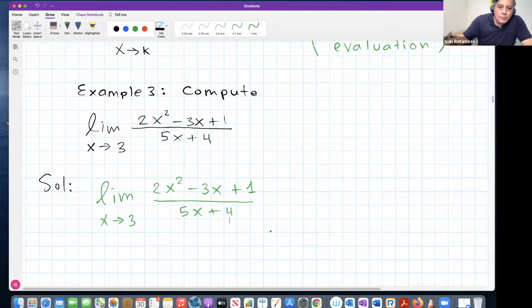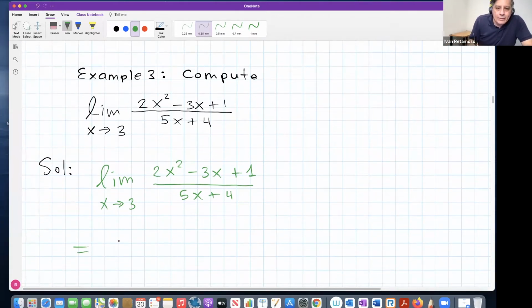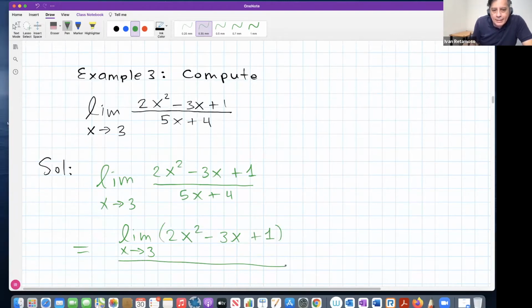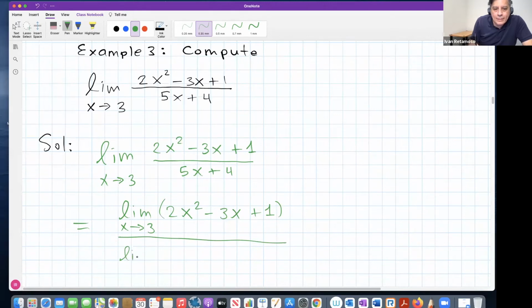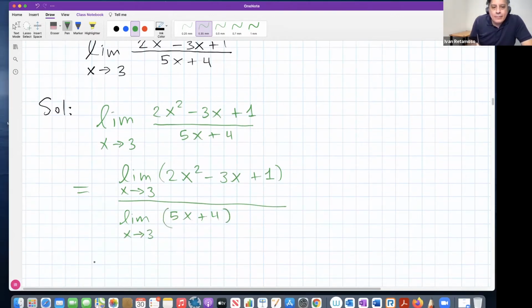Following the quotient rule, this is going to be equal to the limit as x approaches 3 of 2x squared minus 3x plus 1, the numerator, and here the limit of 5x plus 4 as x approaches 3. But now, we just said that in order to take the limit of a polynomial, it is enough to plug the value in.